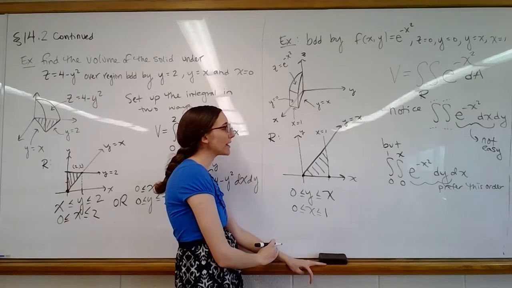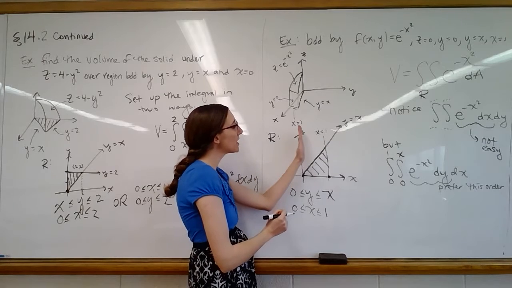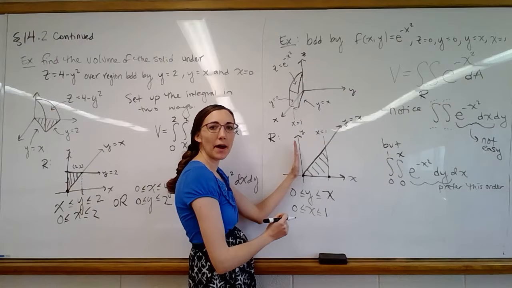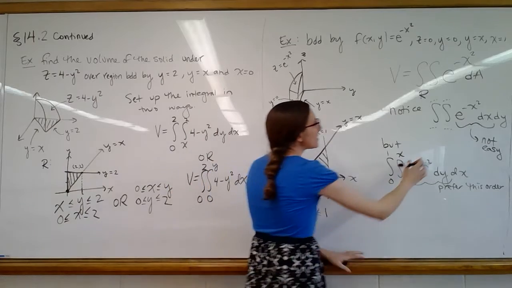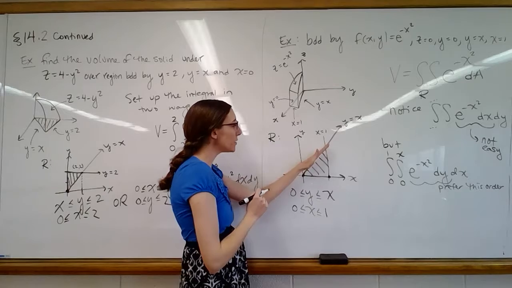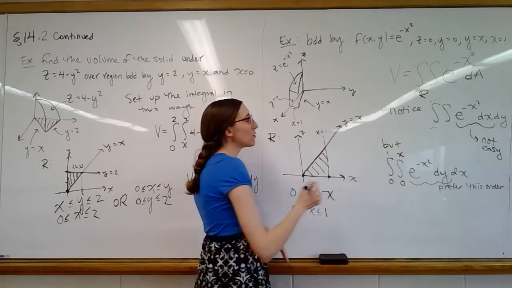Now, just as a note, if we were choosing left curve, right curve, be careful that x as a left curve doesn't start at the y-axis. My region doesn't start here, it starts here. So if I were doing this, my x bounds would go from this slanted line of x equals y.